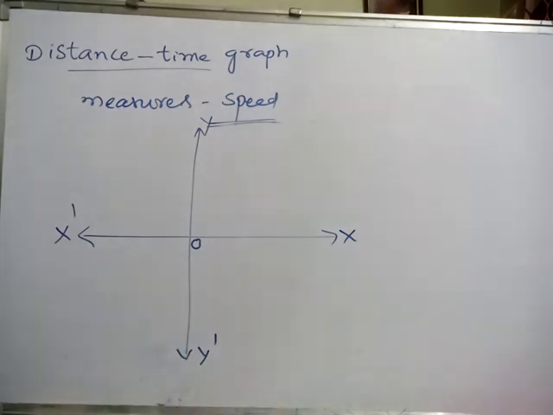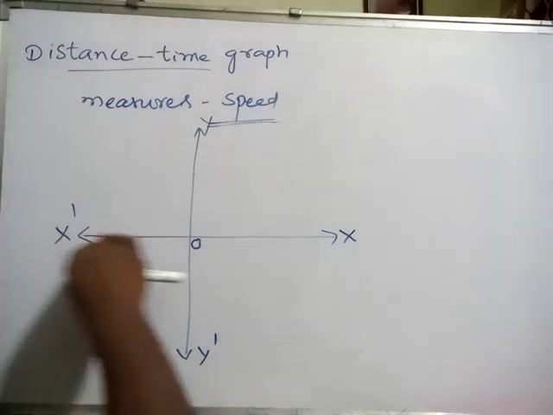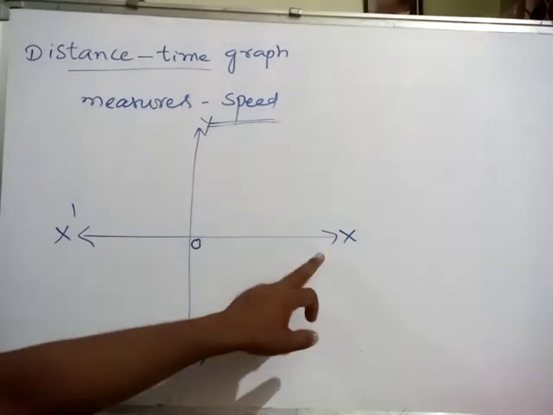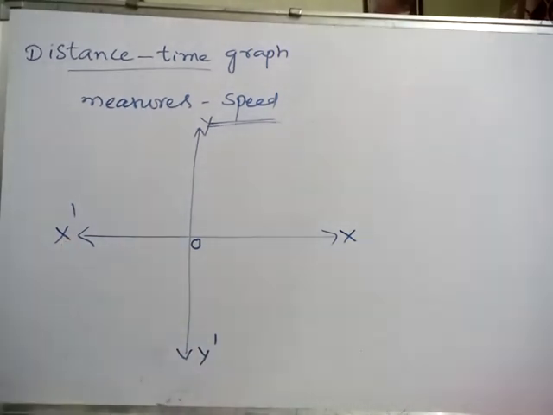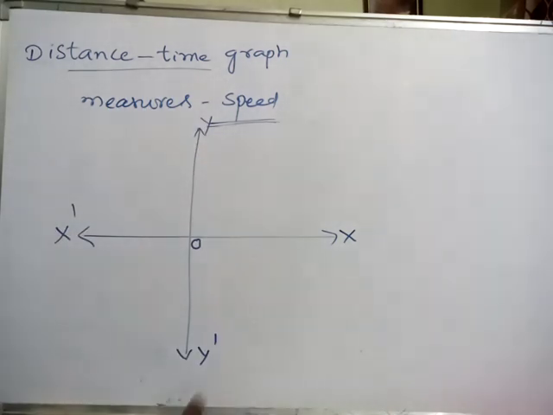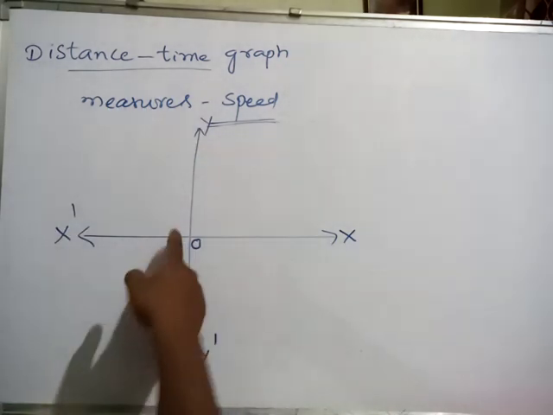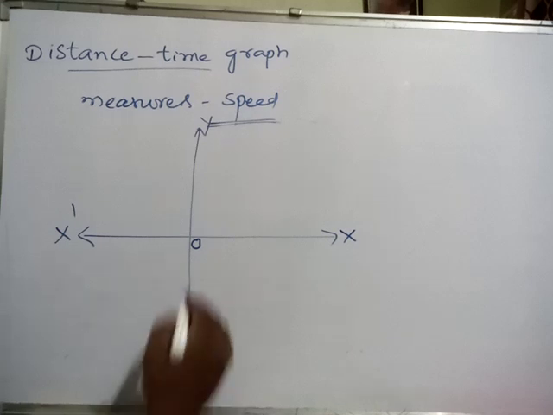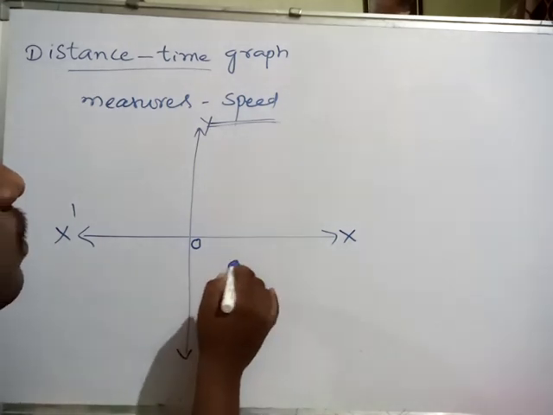See, on the graph paper, with the help of a scale and pencil, draw a horizontal line XOX dash and one vertical line YOY dash. These two meet at a point, this is what we call the origin.